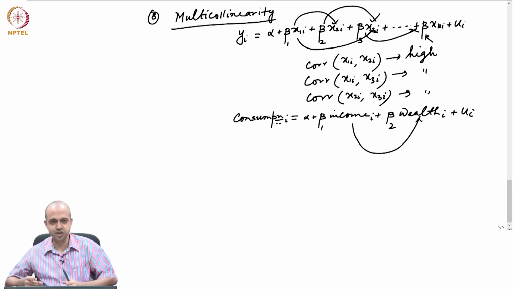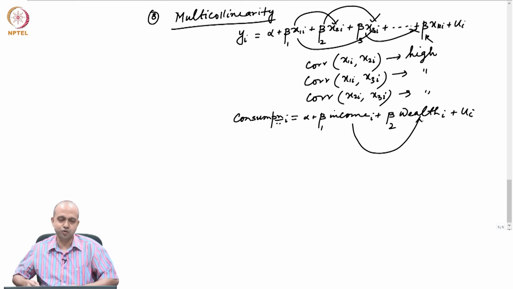Then number 6, the total number of observations should be much higher than the number of parameters to be estimated. Then number 7, there should be enough variation in your xi and yi.